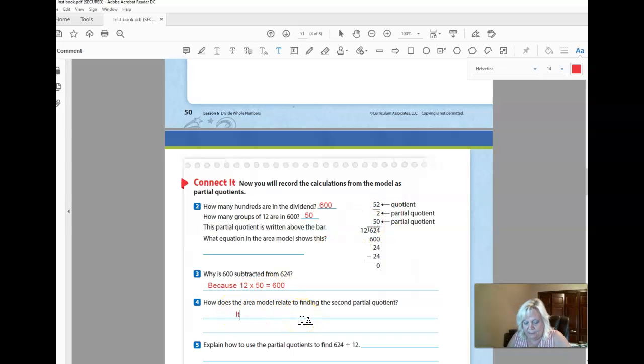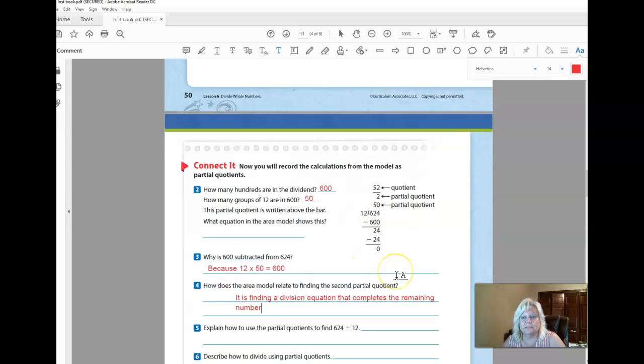It is finding a division equation that completes the remaining number. So it's finding a division, and that's why we think if we've got 24 left, I know that 2 times 12 is 24, and then I'll go down to 0.